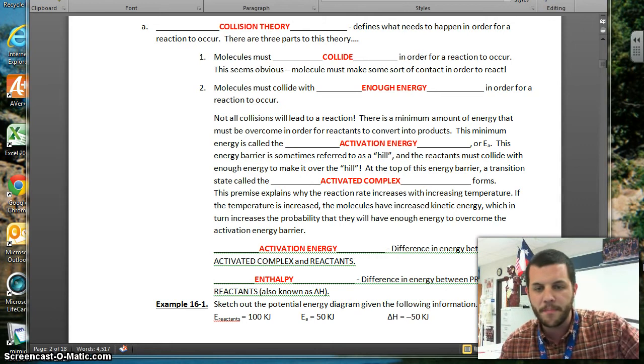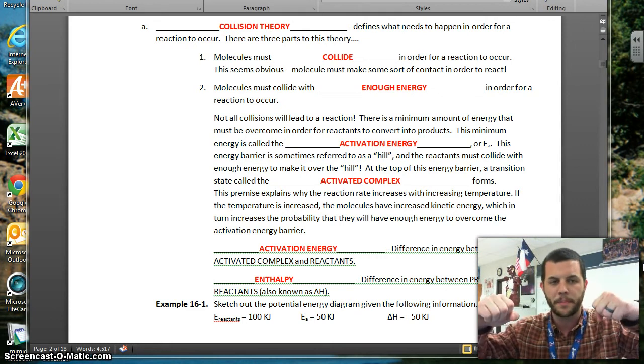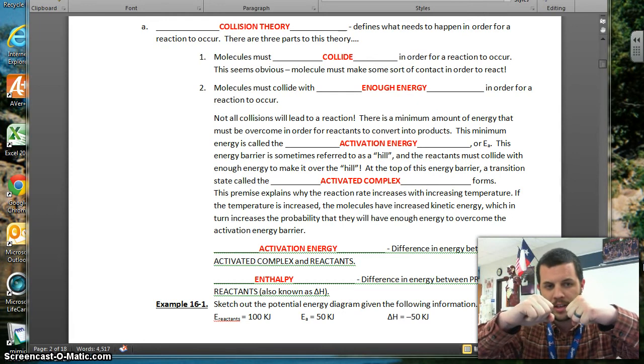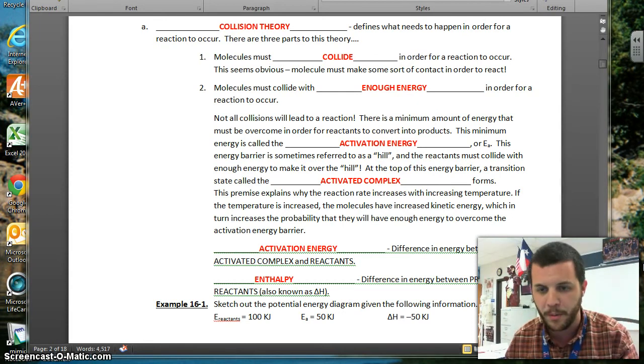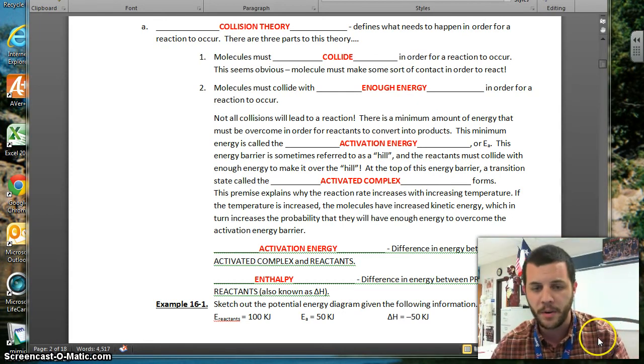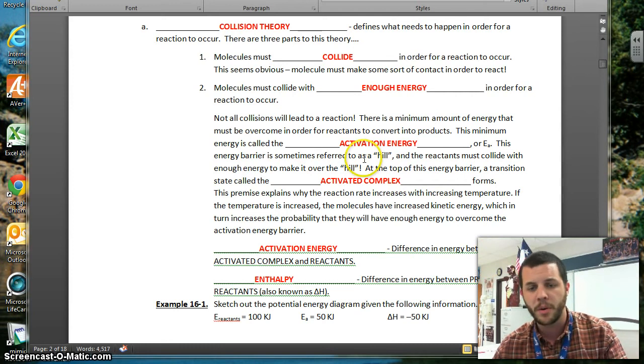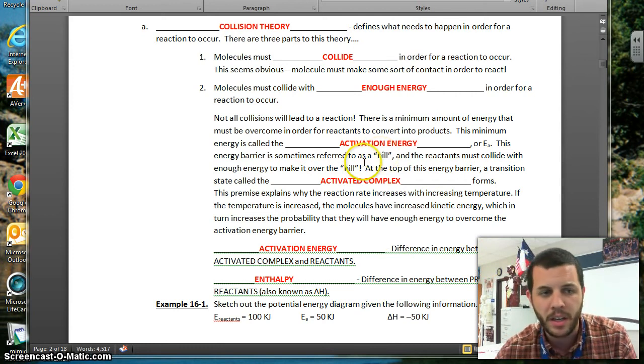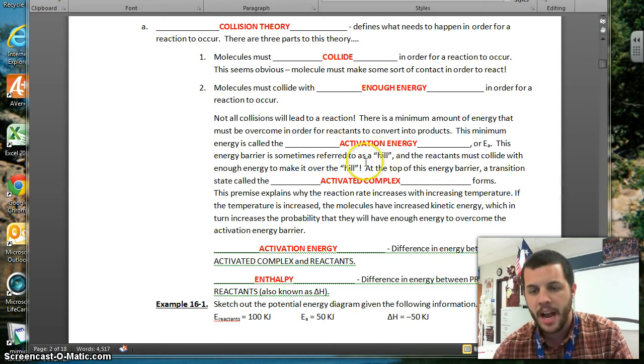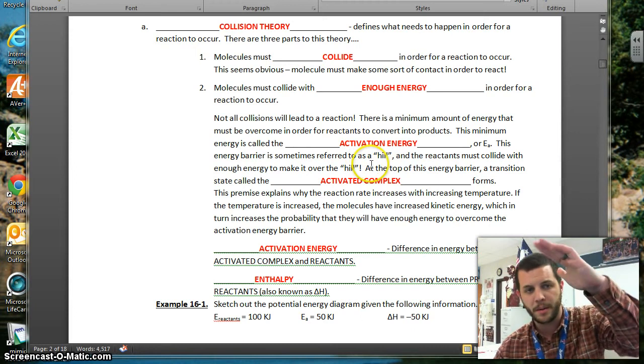Secondly, they must collide with enough energy. If a couple of molecules are coming at each other and they don't collide with enough energy, they are not going to cause a reaction. We talked in the thermodynamics unit about how you have to get up to the top of the hill.